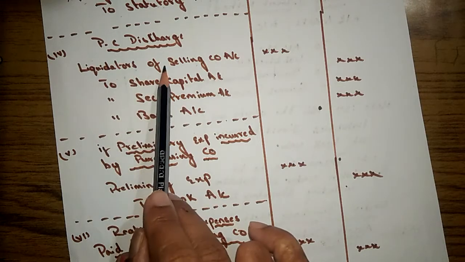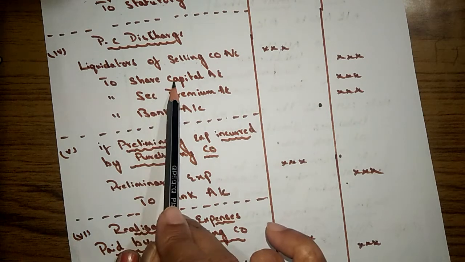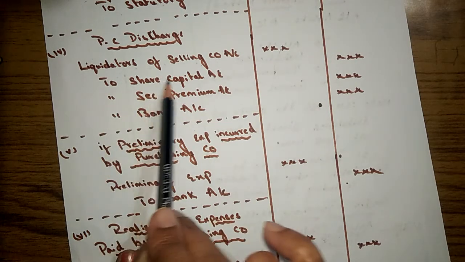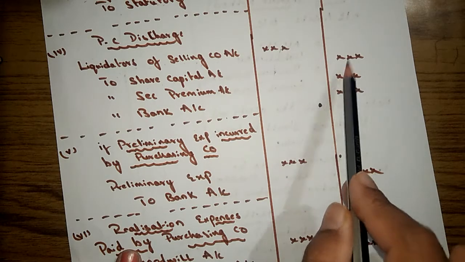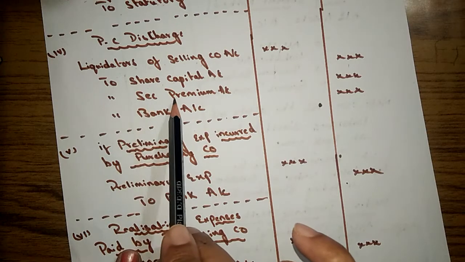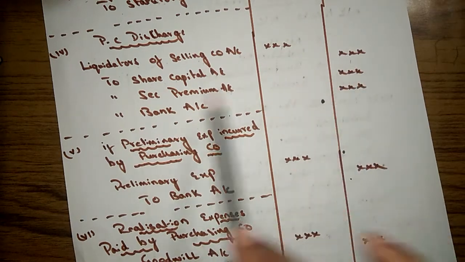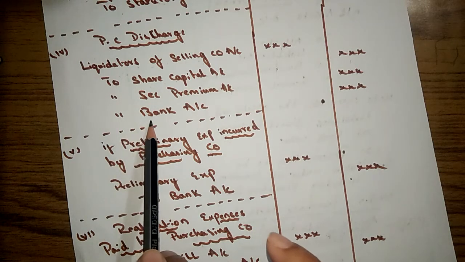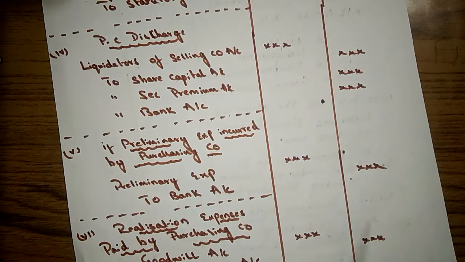So liquidator of selling company account has to be debited, to share capital. If we are discharging in shares, we need to credit share capital. If anything extra is paid by the purchasing company, it has to be credited, and if anything is paid by cash or bank, we need to credit that too.